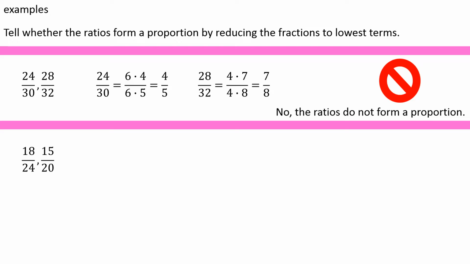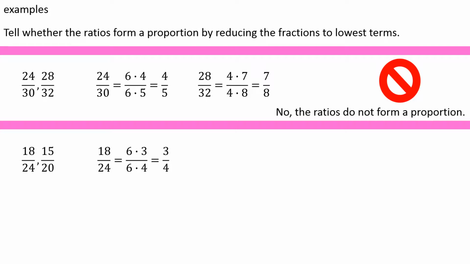How about this pair? 18 over 24, 15 over 20. Well, with 18 over 24, the greatest common factor is going to be 6. So I can rewrite 18 as 6 times 3. I'll rewrite 24 as 6 times 4.